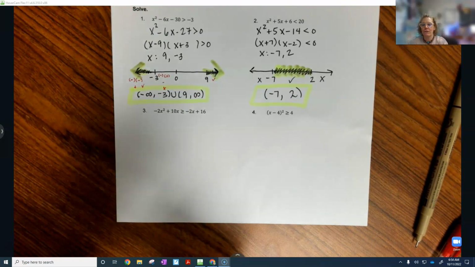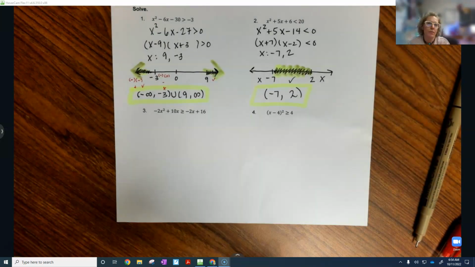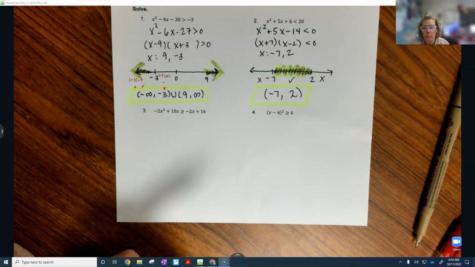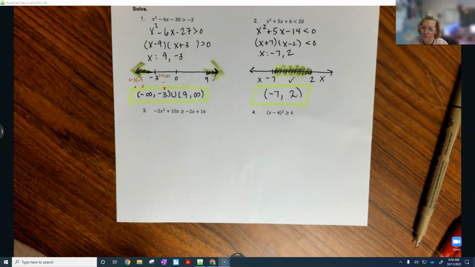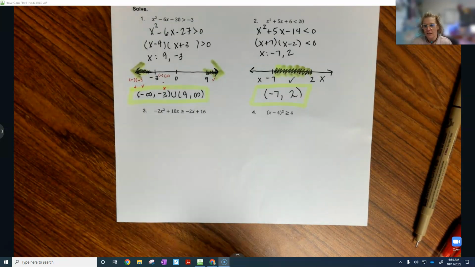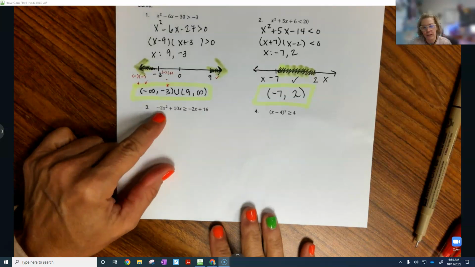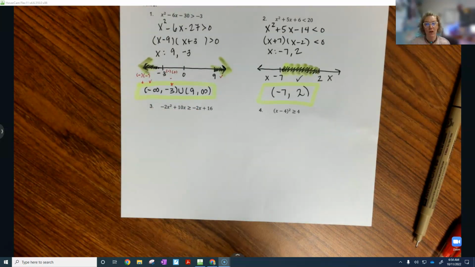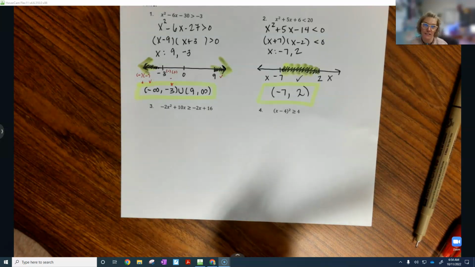All right, so for problem 3, please listen, guys. I never, ever, ever solve a negative variable because I always forget to flip my inequality signs. So see how this is a -2x squared? I am moving all that stuff to the other side because I want my highest degree to be positive.